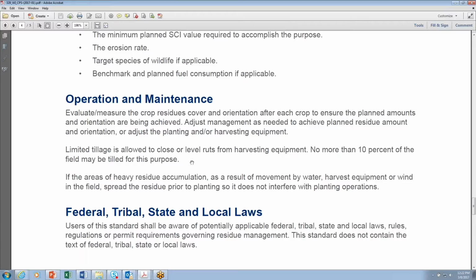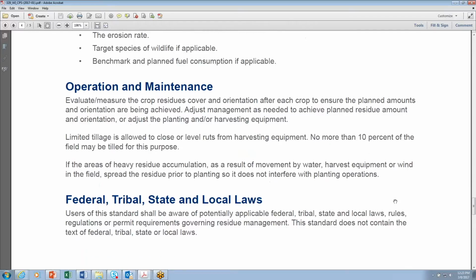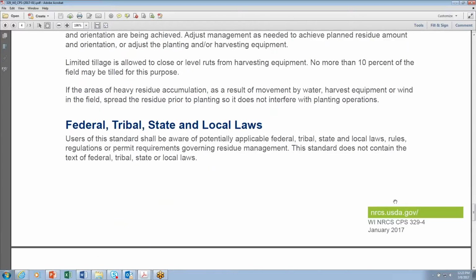Maybe they're running around a third of the edge, a third of the field, they're running the disc across just to level things out. That's just telling them that they need to be a little more careful on timing and conditions of when they're out there if they're truly no-tilling. So enough said about that, but it's nice to see that that was actually defined in the standard. So that's it for that practice standard.